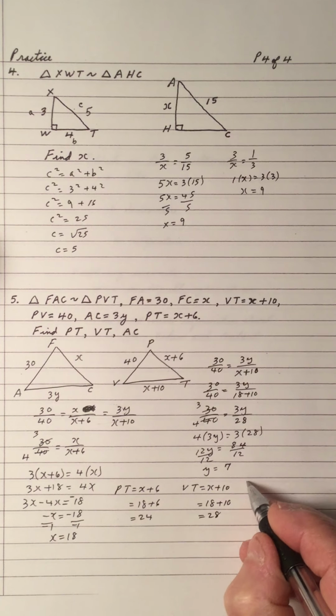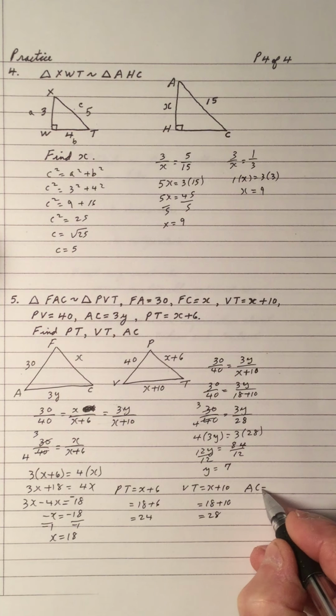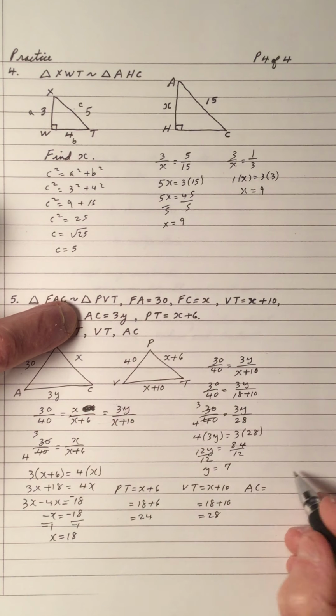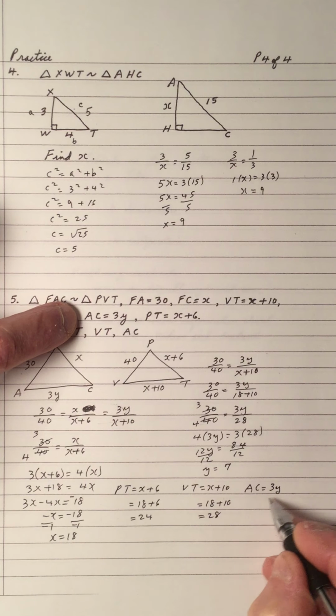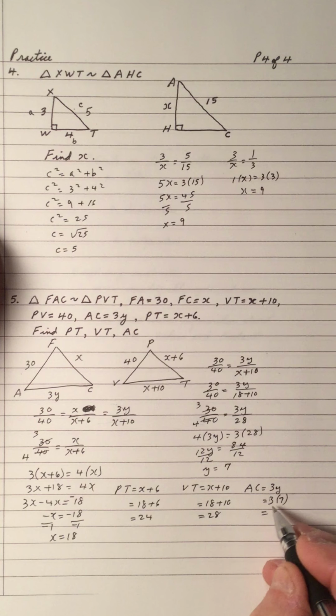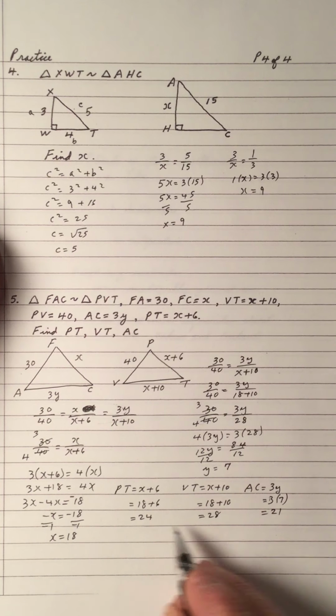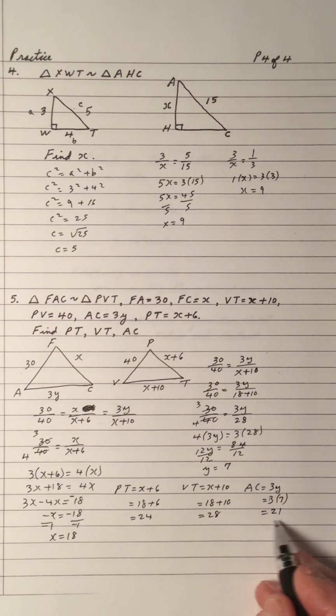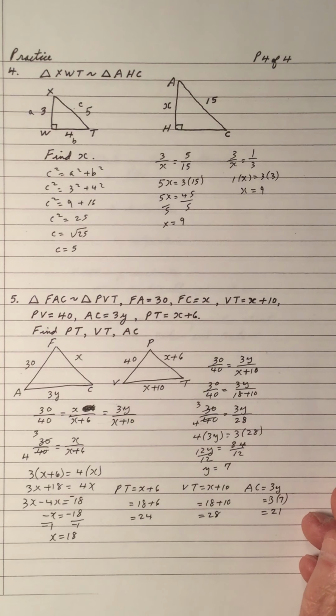And I have to find AC. AC is 3Y, and Y is 7. 3 times 7 is 21. So I found PT, VT, and AC, and I have all workings done.